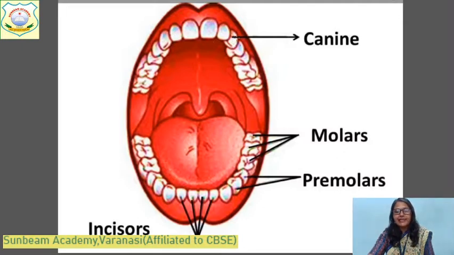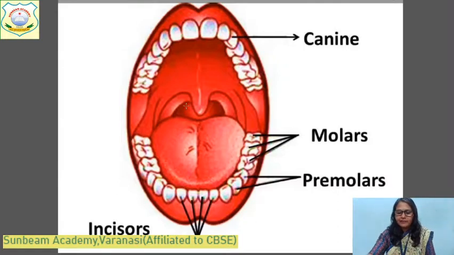Canines are total 4. And then premolars are present, for cutting and grinding the food. And at the back, here are molars. 2 premolars on the left side, 2 on the right side, 2 in the upper jaw, 2 in the lower jaw.